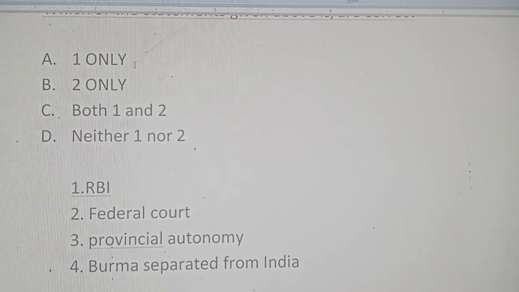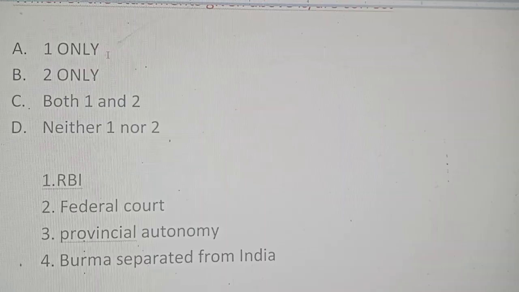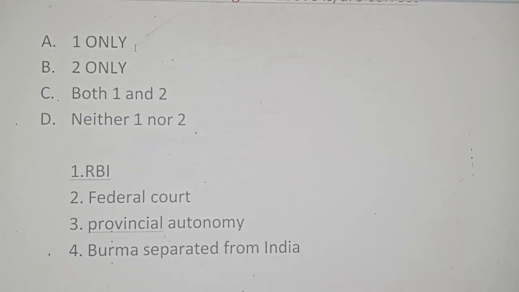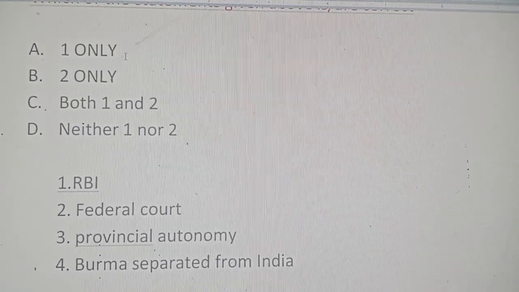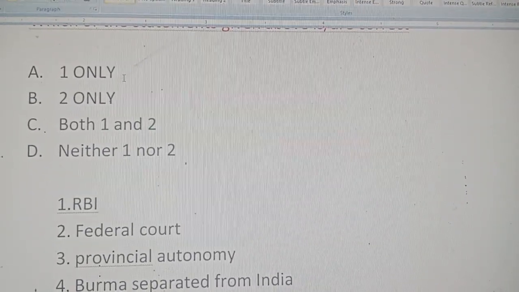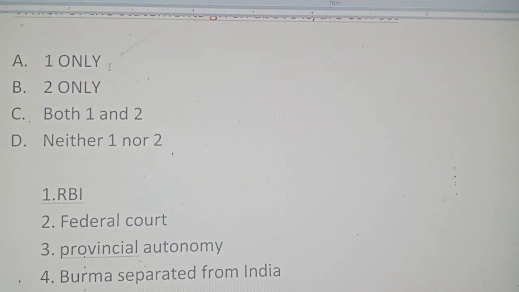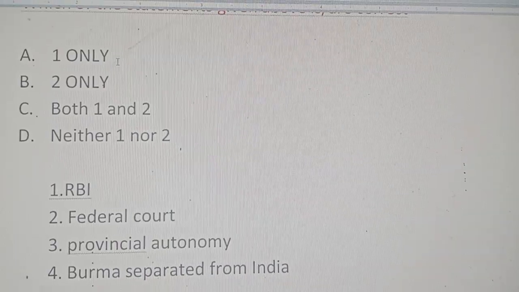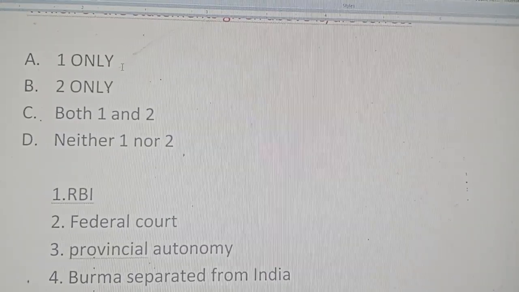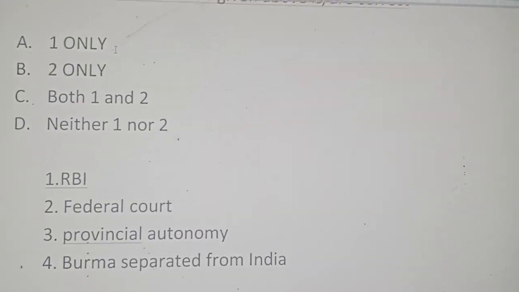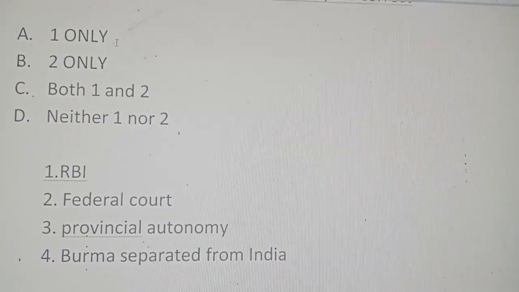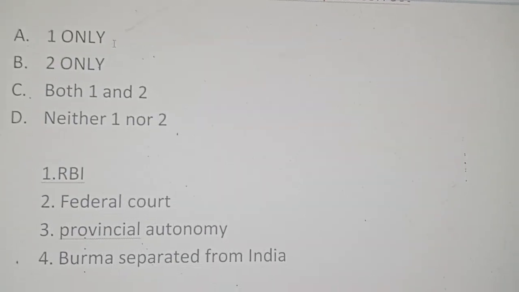The proposed All India Federation never materialized due to lack of support from the princely states. The Governor General and the provincial governors, the British governors, retained overriding powers, limiting real autonomy. These are the limitations of the Government of India Act 1935.